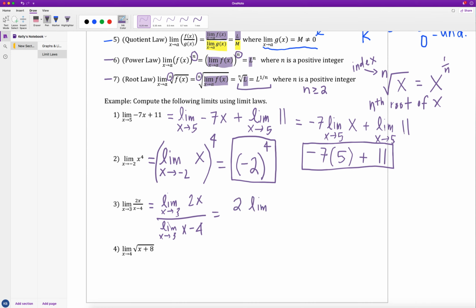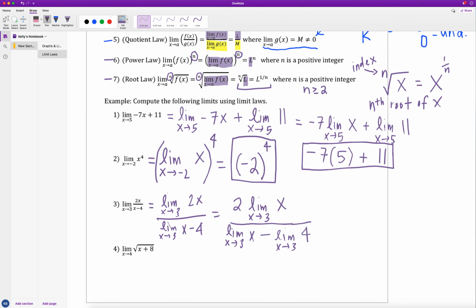So I get 2 times the limit as x approaches 3 of just x, divided by, now in the denominator, I can use the difference law, and I can break that apart into the limit as x approaches 3 of x minus the limit as x approaches 3 of 4.